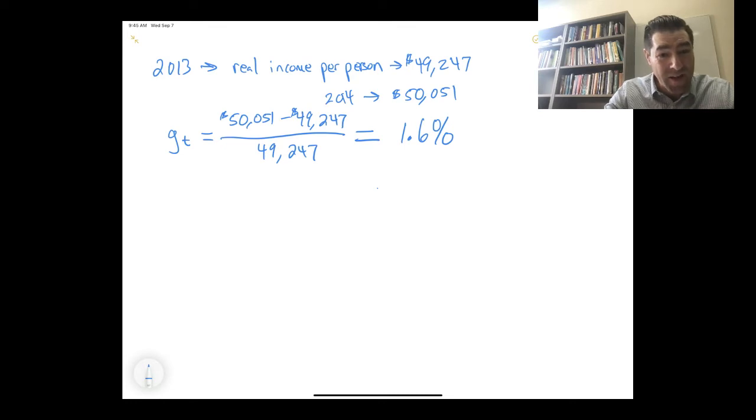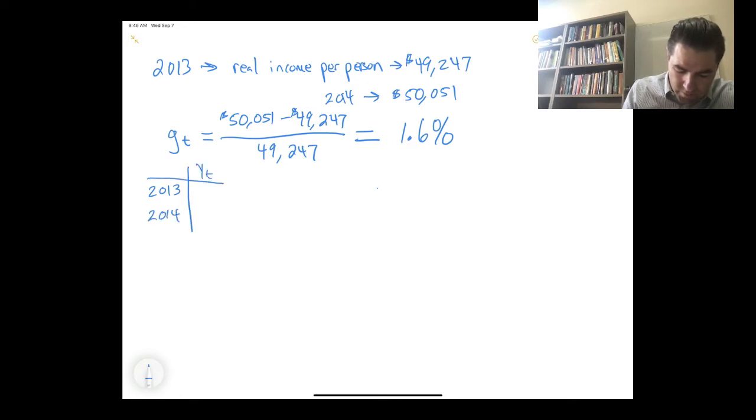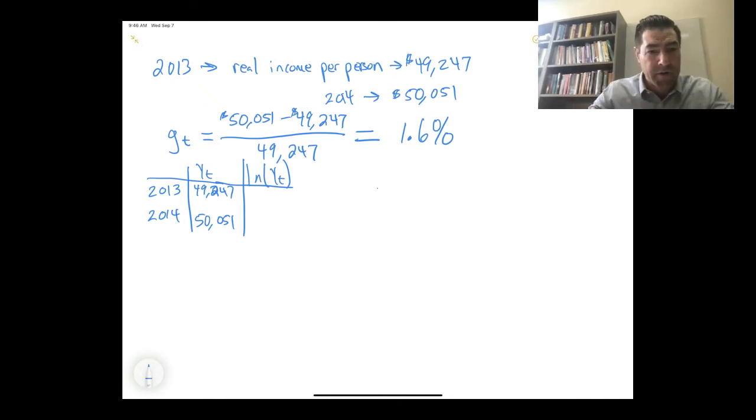So now let's put our data in a table format here, and let's take the natural log of the variable. Your calculator should have this. In Excel, you can use the natural log.